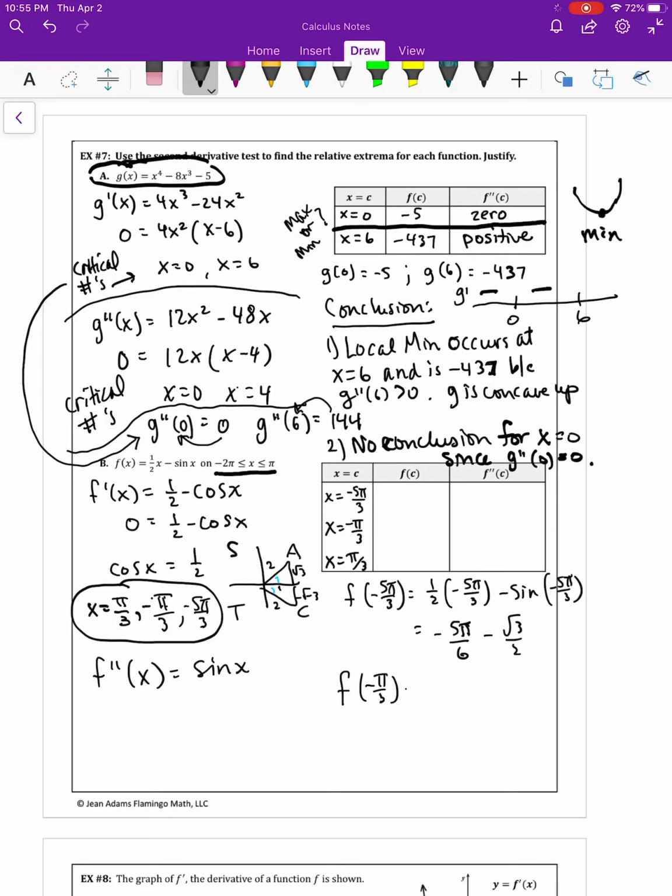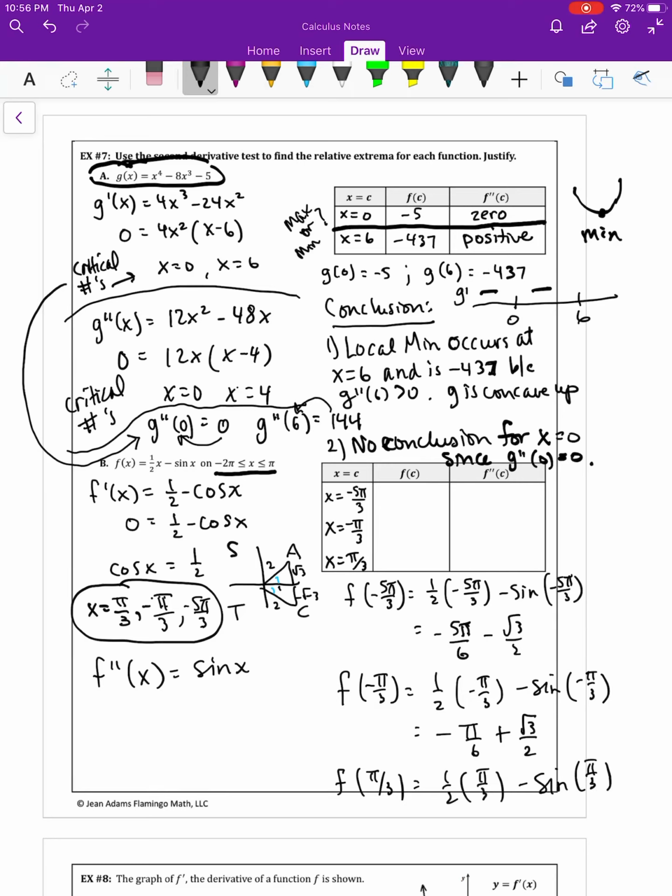And then we have f of negative pi over 3. So 1/2 times negative pi over 3 minus the sine of negative pi over 3. So this is negative pi over 6. Minus a minus would be plus square root of 3 over 2. And then f of pi over 3, 1/2 times pi over 3 minus the sine of pi over 3. Pi over 6.